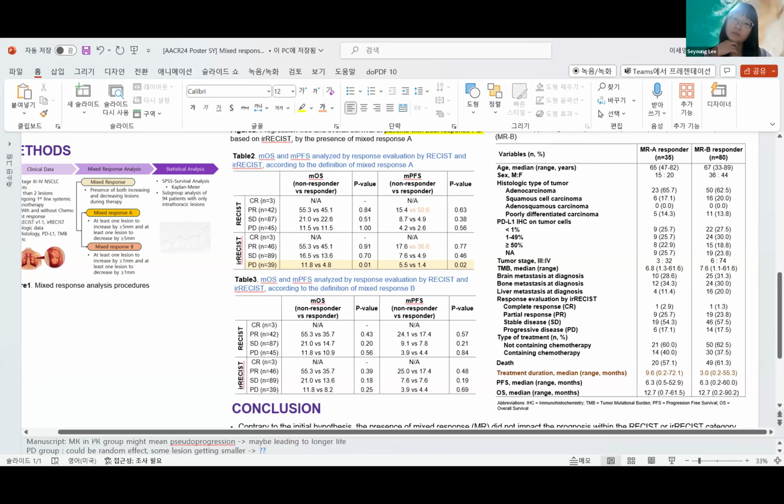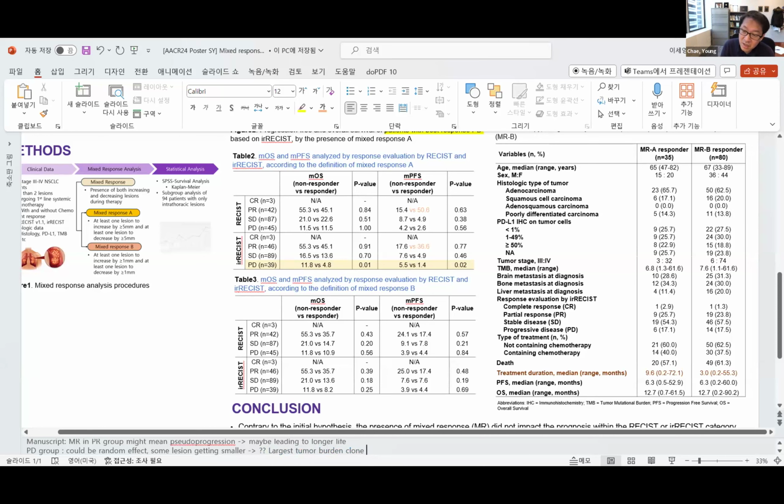I can only say that mixed responder, if they belong to PD group, the main clone or the largest tumor burden clone, if they are increasing in some more than 20% by the RECIST criteria, then you are saying, despite one or two lesions getting smaller, the other ones belong to that PD group.